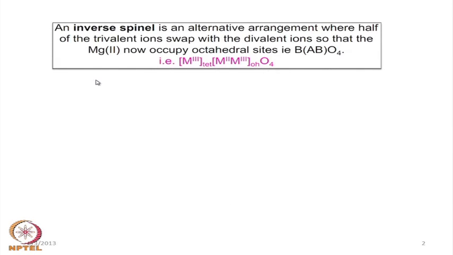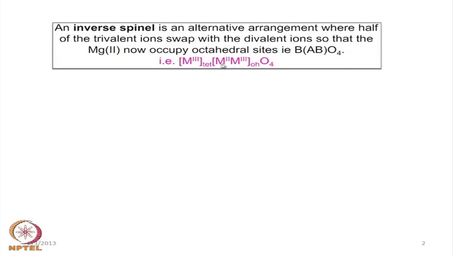So, what about the alternative arrangement, the other arrangement? The other arrangement is simply that we move the smaller cation, that means the bivalent cation, from lower coordination number to higher coordination number, that means from tetrahedral sites to octahedral sites.